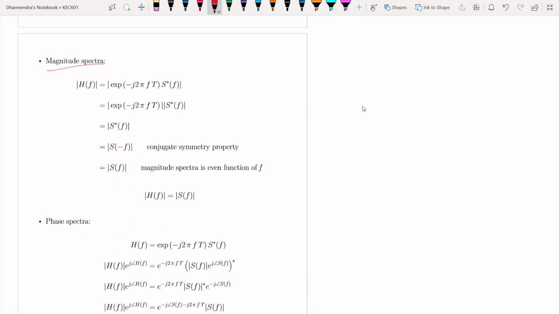For the magnitude response, I will take the absolute value of h of f. The absolute value of a times b is the absolute value of a times the absolute value of b. Applying this, I can write this, which will be equal to the absolute value of exponential minus j 2 pi f t, which will be 1.